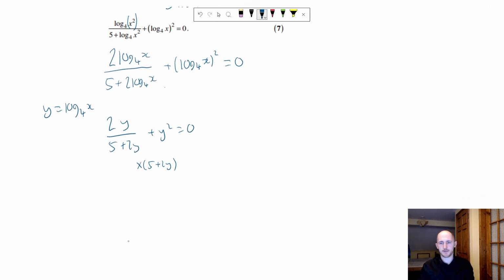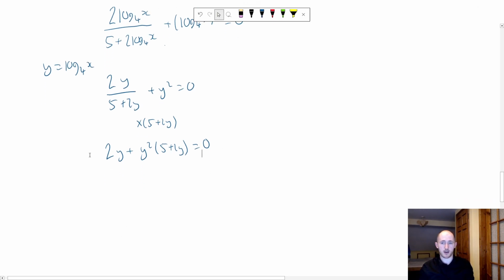So we have 2y plus y squared times 5 plus 2y equals 0. You could factorize out a y here, by the way, but I'm not going to do that. I'm going to expand first and then factorize, just to make sure we're all on the same page, because I don't want to get into something that's too advanced.